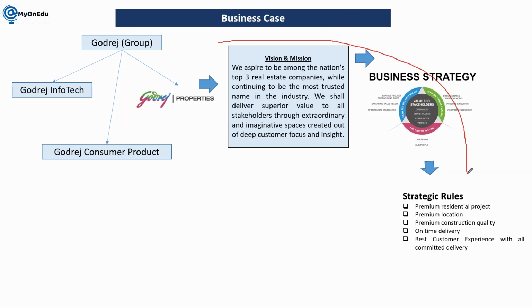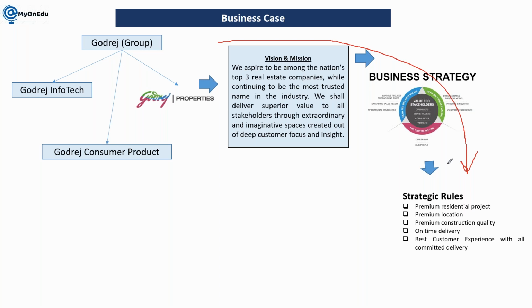And whenever they get any proposal, let's say somebody from their strategy team submitted one proposal to start one project at a particular location, let's say B grade cities, for example Kanpur or some other place at a very remote area.